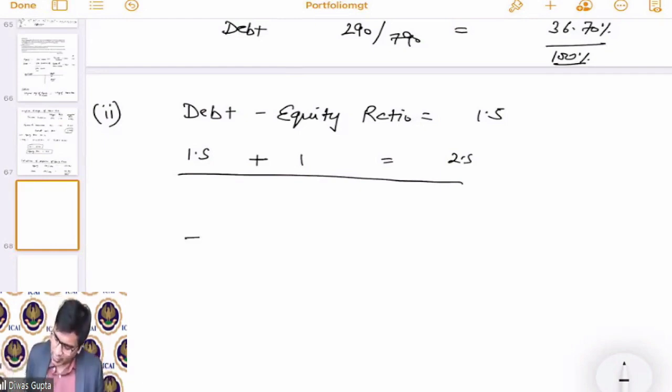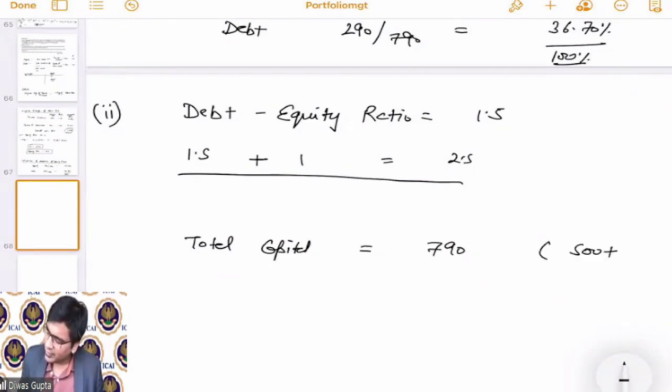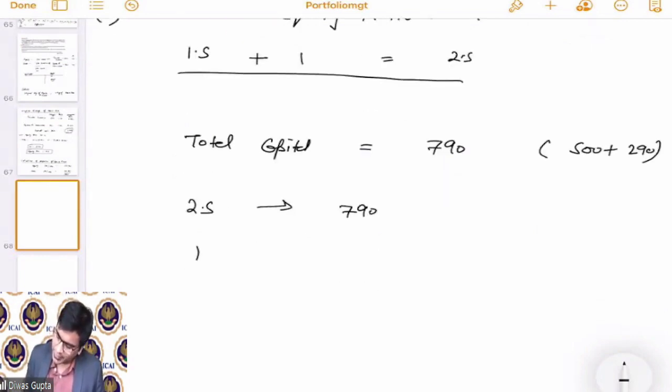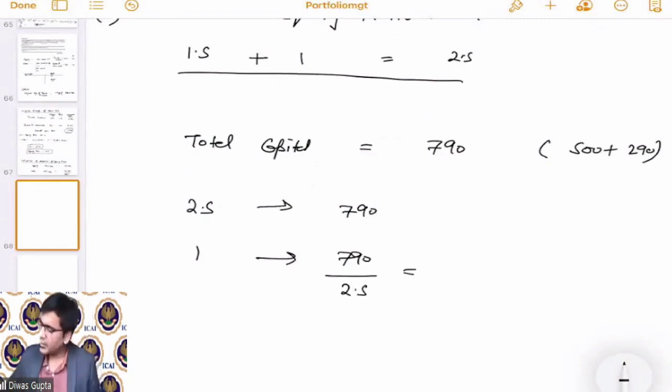Now what is the total capital? It is 790, already given in the question as per the initial amounts 500 and 290. So if the total capital is 790, we can equate 2.5 to 790. So 1 is 790 divided by 2.5, which comes to 316.